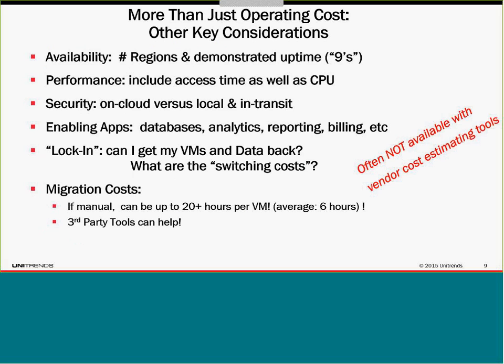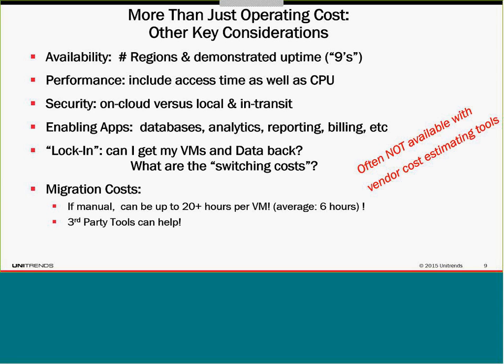For the last 5 minutes, we've talked about operating costs, specifically for deploying a backup and disaster recovery environment in a public cloud. But there are other key considerations that need to be looked at as well. And really, most of these dimensions are not available to evaluate costing considerations on the various vendor sites.